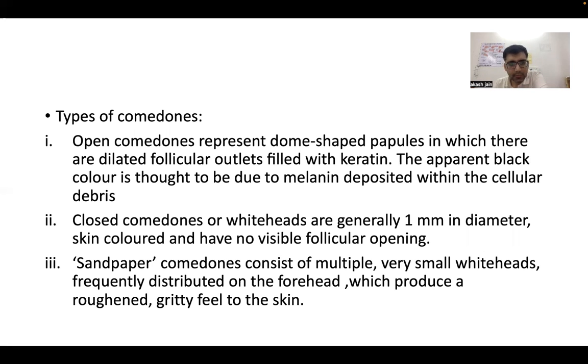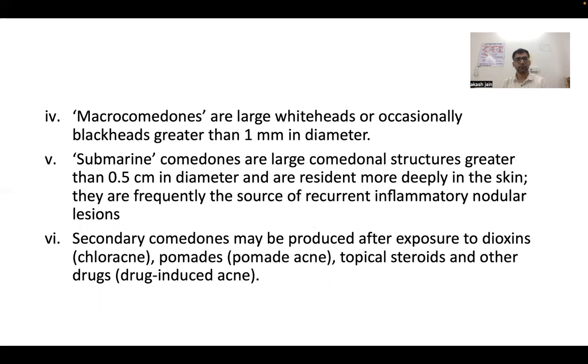Third, sandpaper comedones consist of multiple very small whiteheads frequently distributed on the forehead, which produce a rough, gritty feel to the skin. Fourth, macrocomedones are large whiteheads or occasionally blackheads more than 1 millimeter in diameter. Submarine comedones are large comedonal structures greater than 0.5 centimeter in diameter and reside more deeply in the skin.